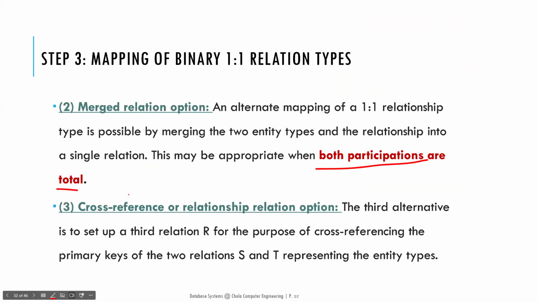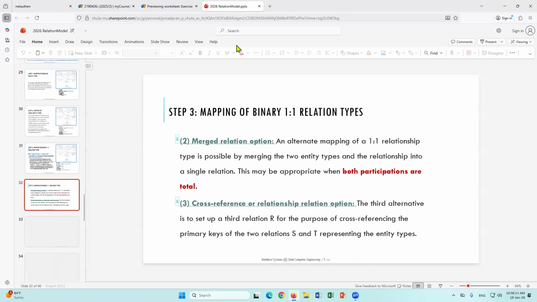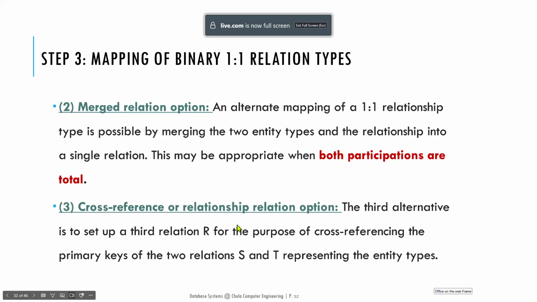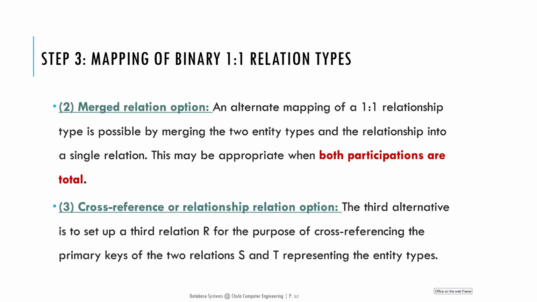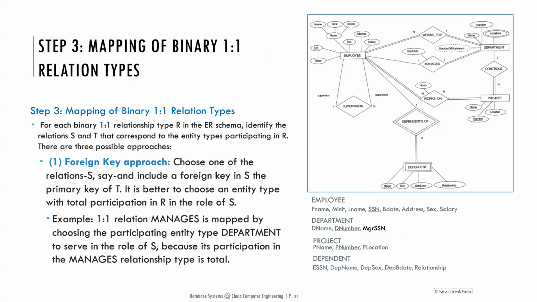Now, the next one is called cross-referencing option. So this alternative is that you will set a new relation and cross-reference it. So for this third option, what you do is that instead of having the manager SSN here, we don't do it that way.